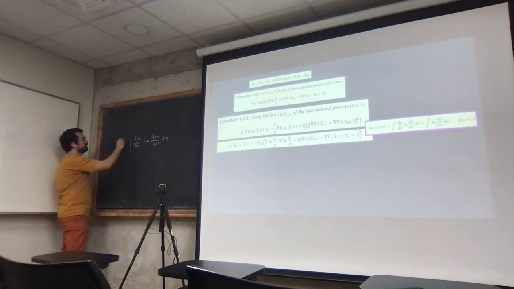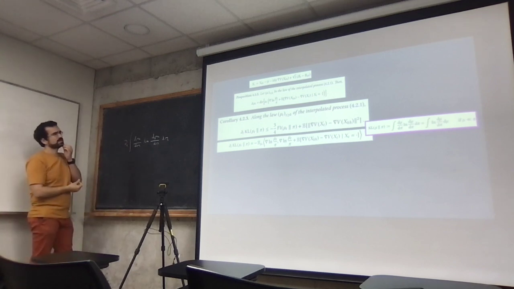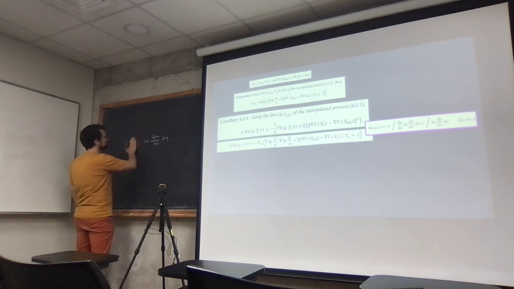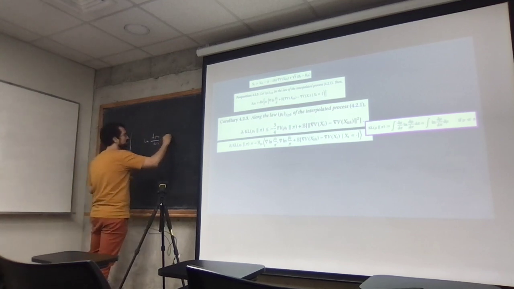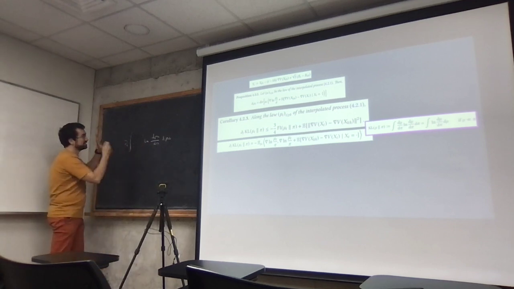And so I have d/dt. Is that the best? Maybe it's better to use the other formula. With the mu t? Maybe it's faster, because it is kind of the same.